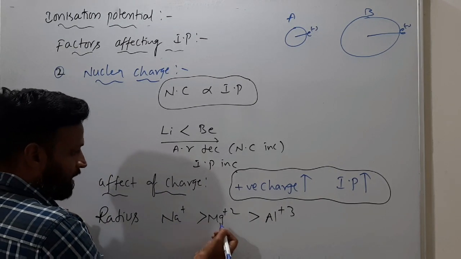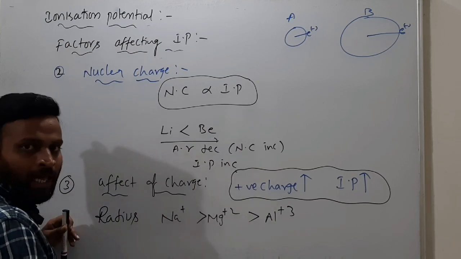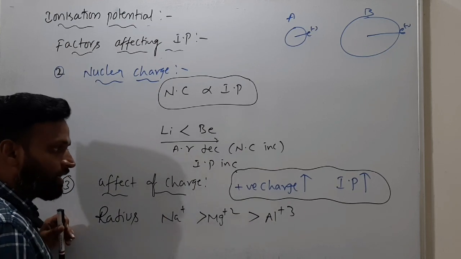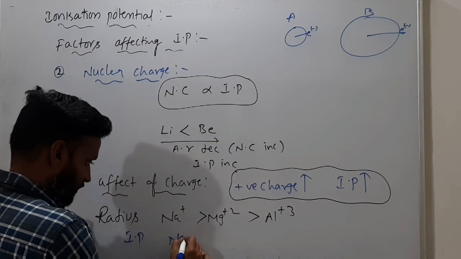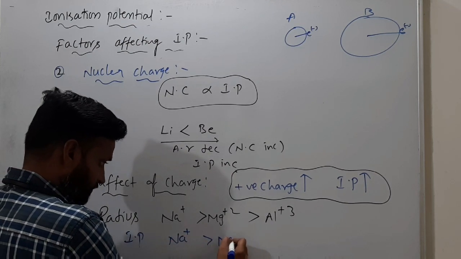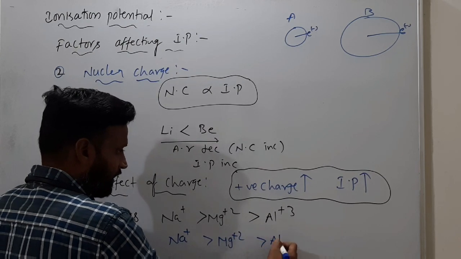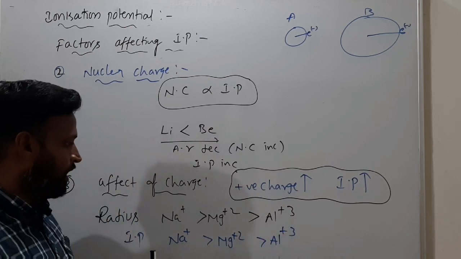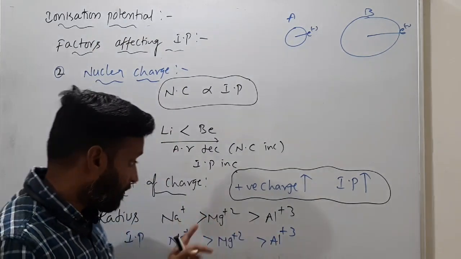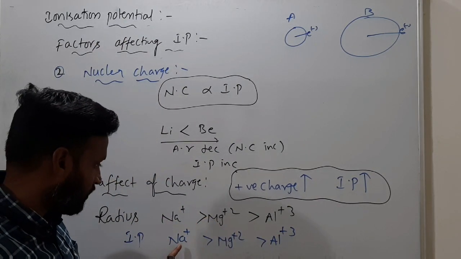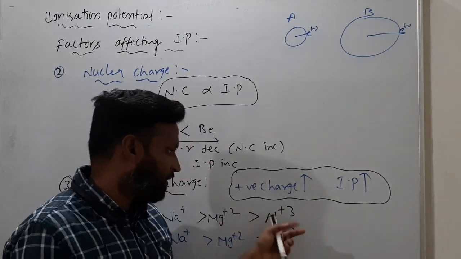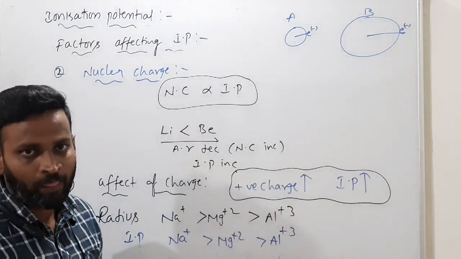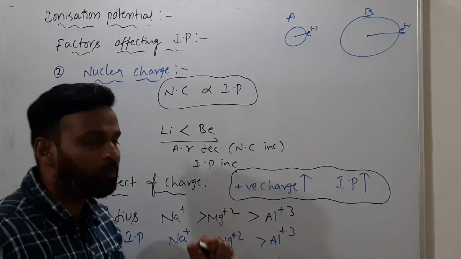So Na+, Mg2+ and Al3+: as positive charge increases, removal of electron is difficult. Ionization potential is in this same order: Na+, Mg2+ and Al3+. I am not asking which formation is easy. I am asking from which ion you can remove an electron easily.